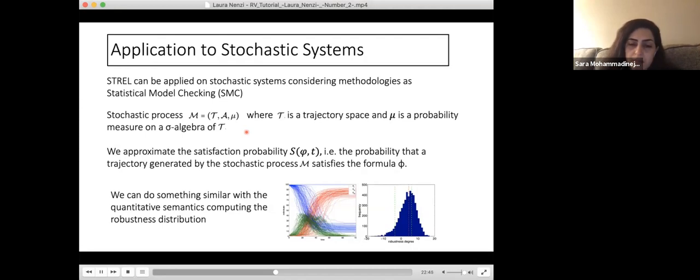If instead of the deterministic system we take a stochastic system, we will have a number of trajectories. We can compute for each of them the value of the robustness, and then we can see the frequencies of this. This will give us an approximation of the robustness degree.